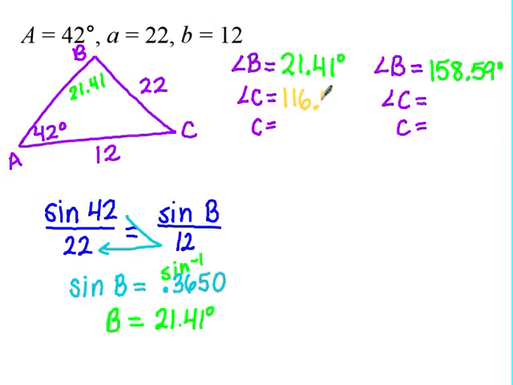116.59. And then now I need to write a proportion that will allow me to solve for C, since this is 116.59. So what will my proportion look like? Sine of 42 over 22 equals?